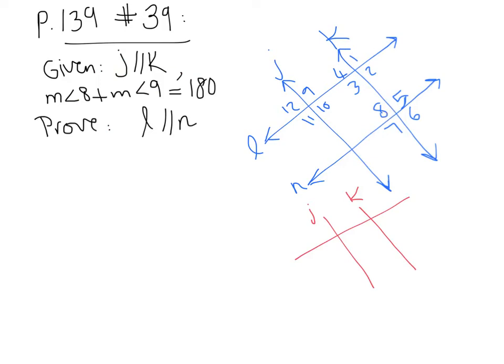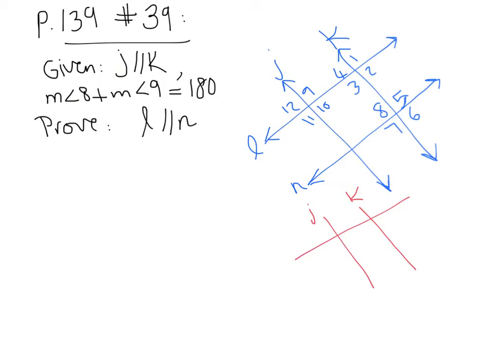I can go different routes with this, but we're going to try to find an angle that has a relationship with 8 and has a relationship with 9, like for example angle 4 or angle 3 also. So any of these angles would pretty much work. So just for using other properties, we'll use angle 3 for this one.